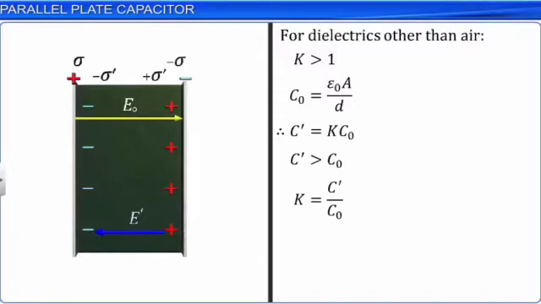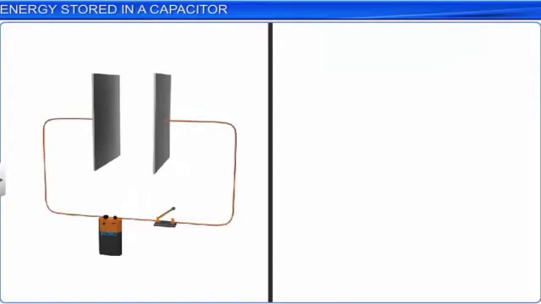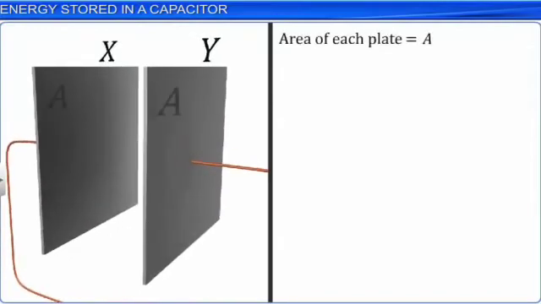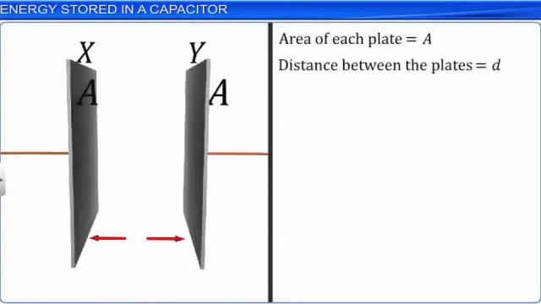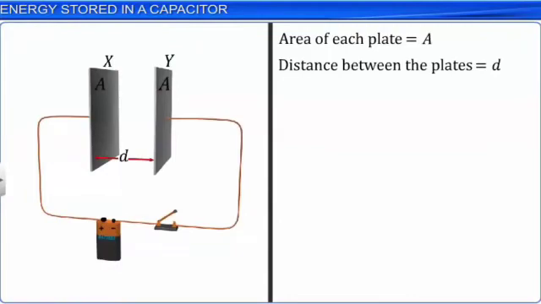Therefore, we see that by introducing a dielectric medium between the plates of the capacitor, the capacitance of the parallel plate capacitor increases. To obtain an expression for the energy stored in a capacitor, let us consider a parallel plate capacitor having metal plates X and Y, each of area A and separated by a distance D. When the plates X and Y of the capacitor are connected to a battery, one of the plates is given an excess charge plus Q and the other is given a charge minus Q. The plates X and Y are connected to the positive and the negative terminals of the battery, respectively.